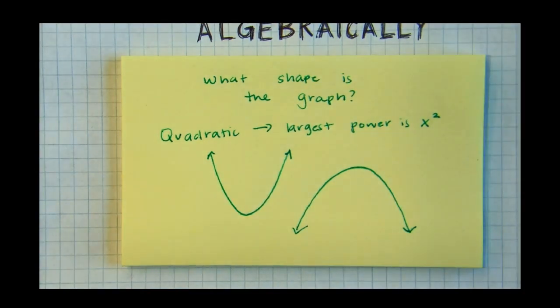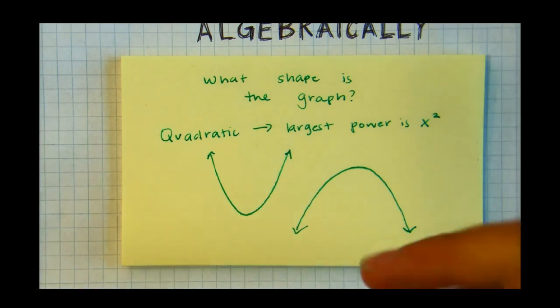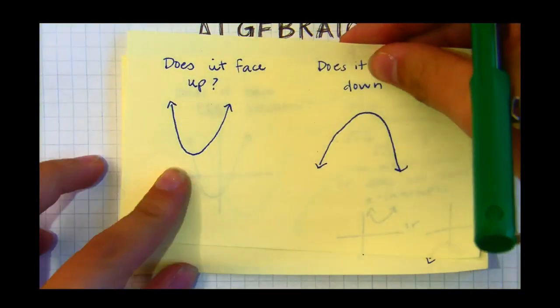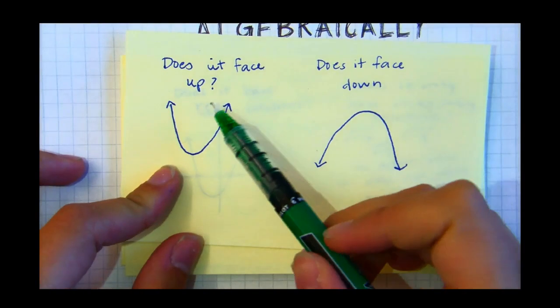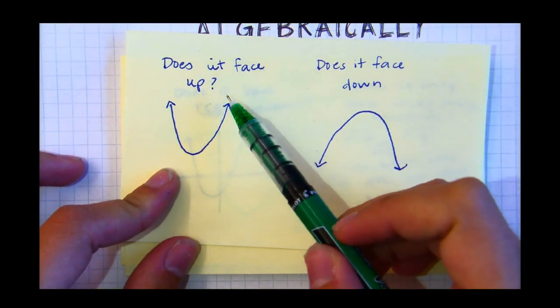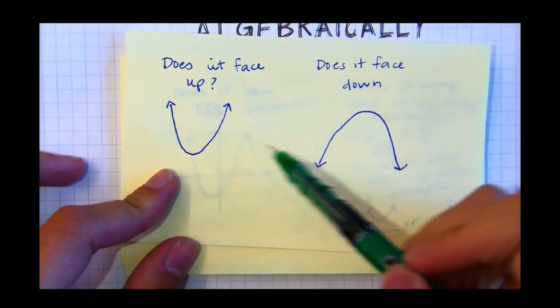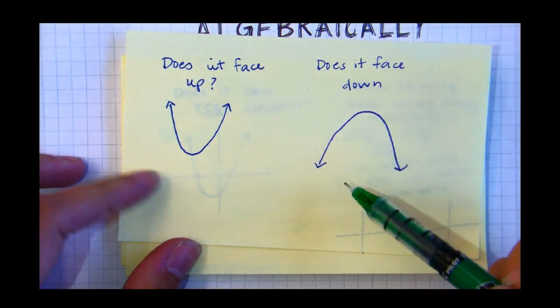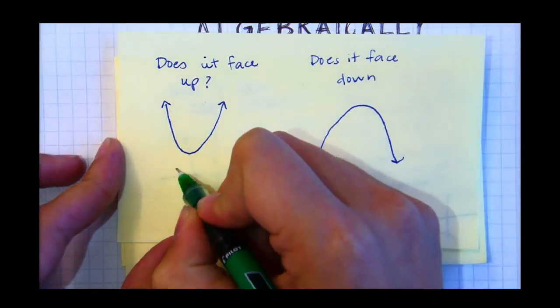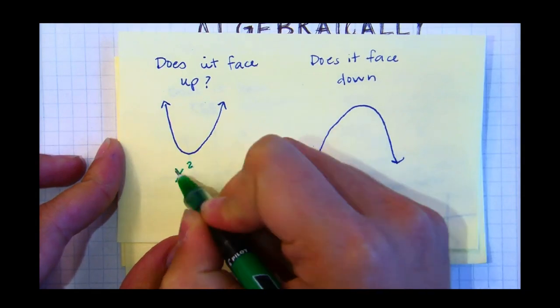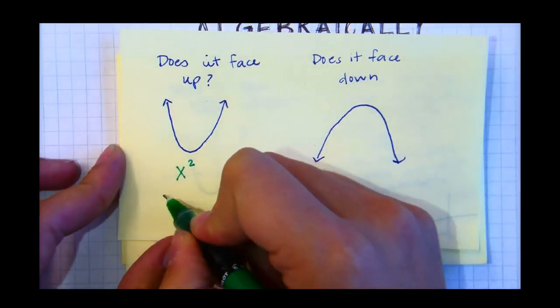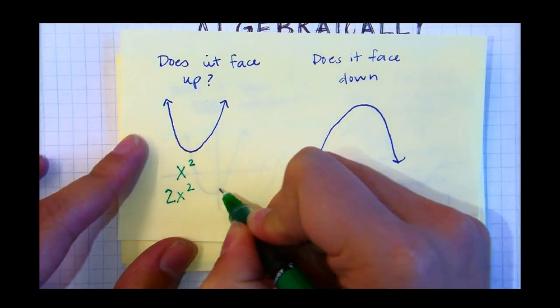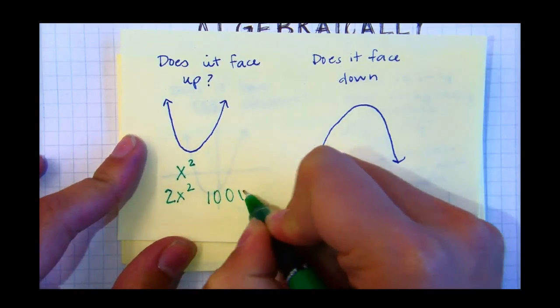The next question that I need to ask myself is, since I know I have a parabola, does my parabola face up or does it face down? Your parabola is going to face up when you've got a positive x squared, so this could be x squared, or 2x squared, or 100x squared.